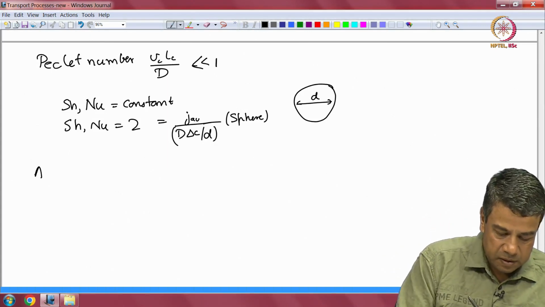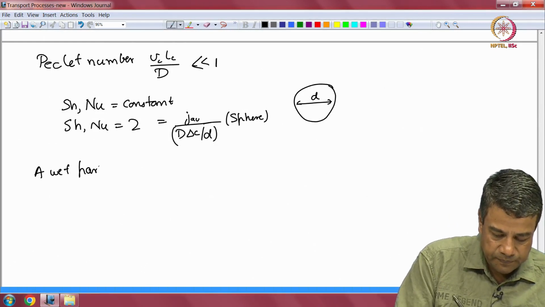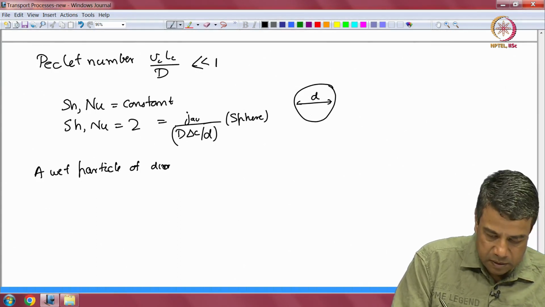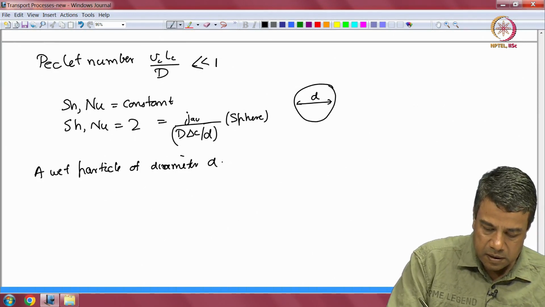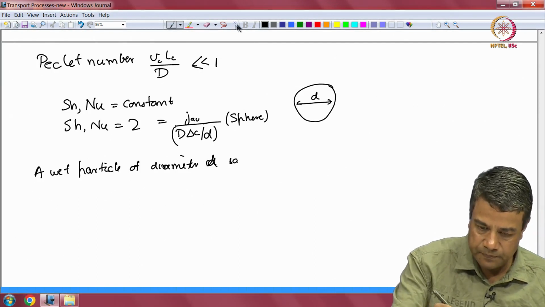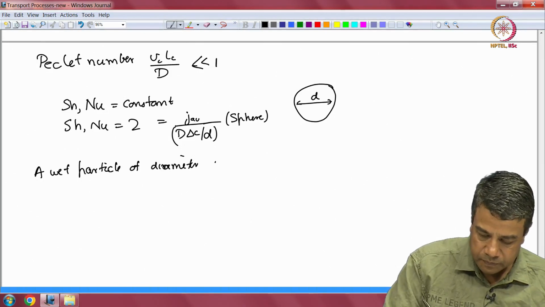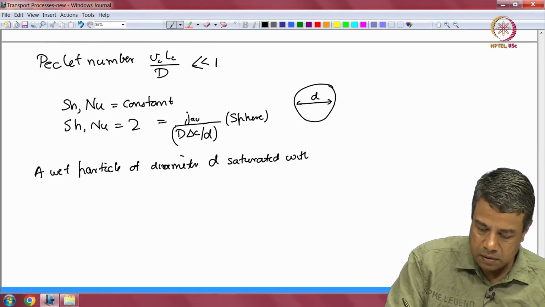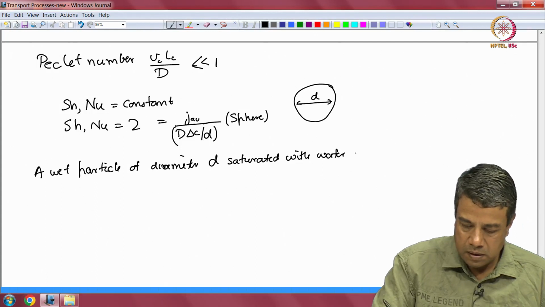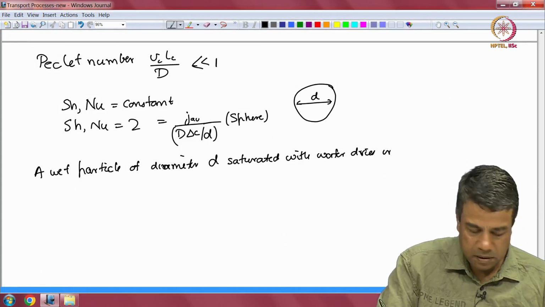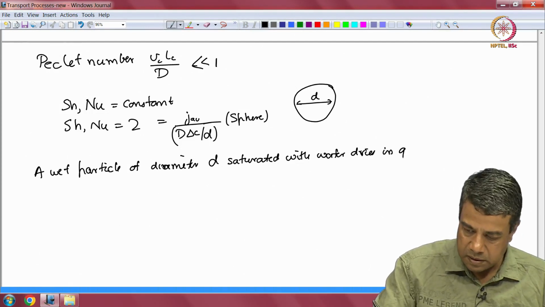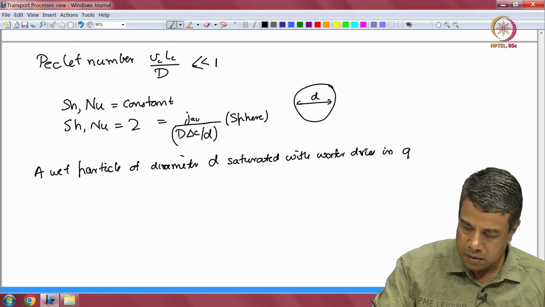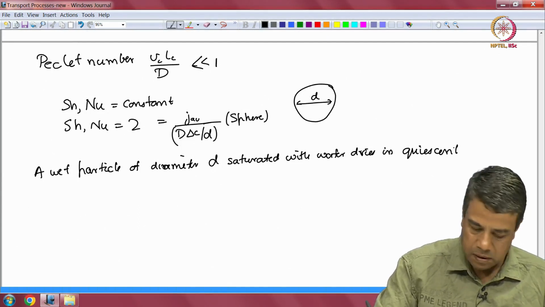A wet particle of diameter d saturated with water dries in quiescent dry air.